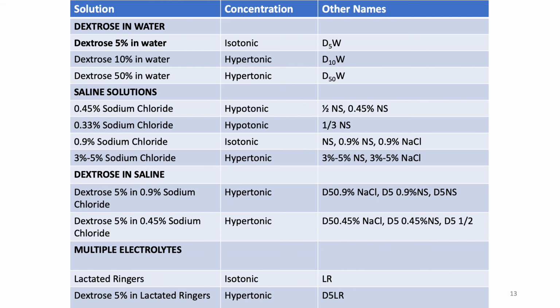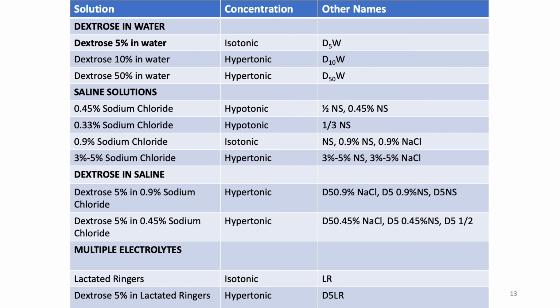You have 0.9% sodium chloride, which is referred to as normal saline. That's a common one that you'll give. There's lactated ringers. It's also considered isotonic, and it will have sodium chloride, sodium lactate, calcium chloride, and potassium chloride in it as well.